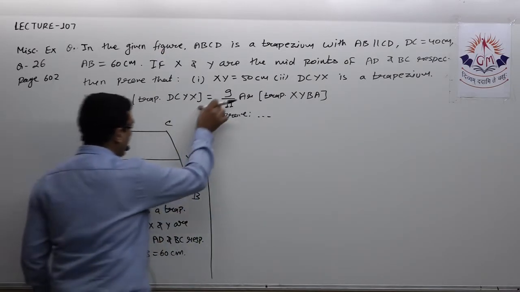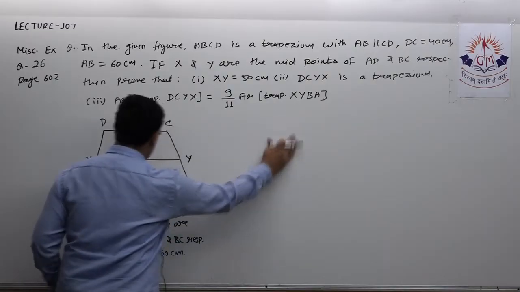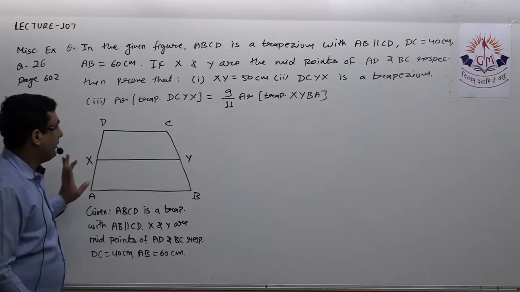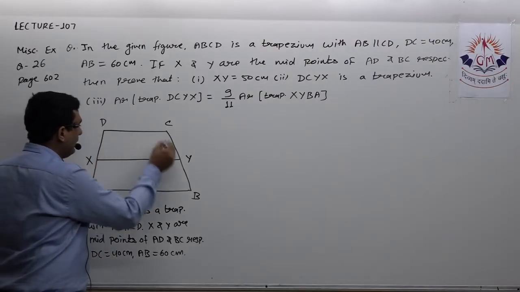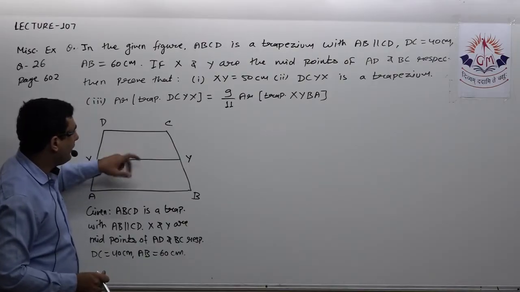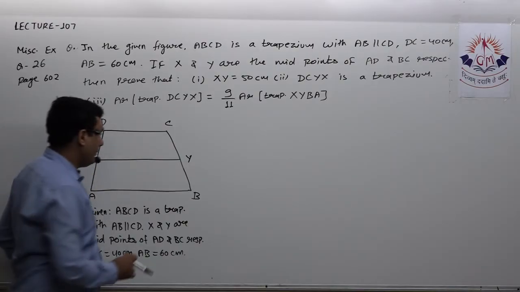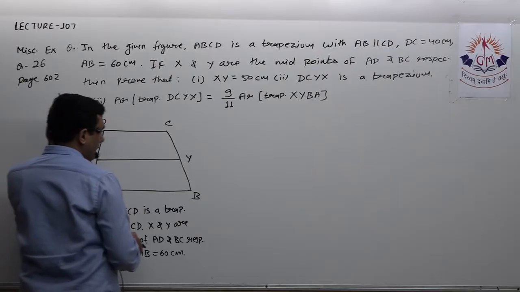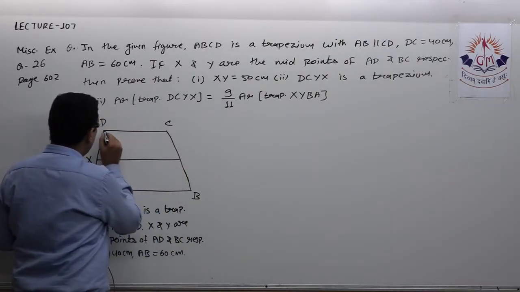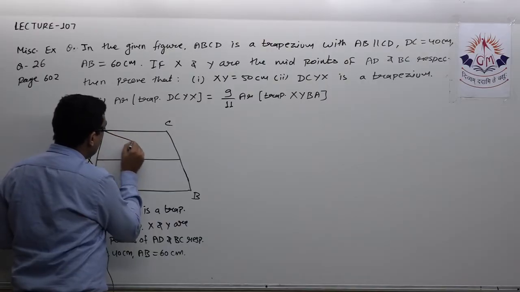First of all, we have to find the length XY. We also have to prove that DCYX is a trapezium, and then find the ratio of these two trapeziums. So here we need a small construction.